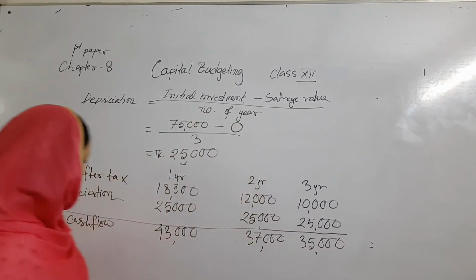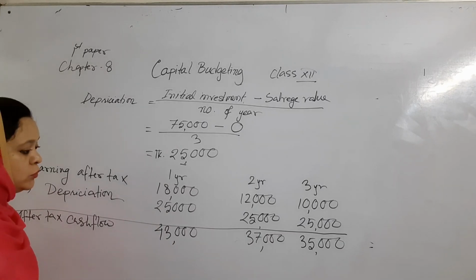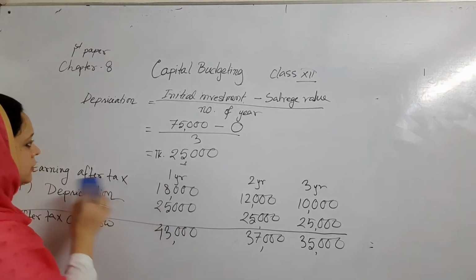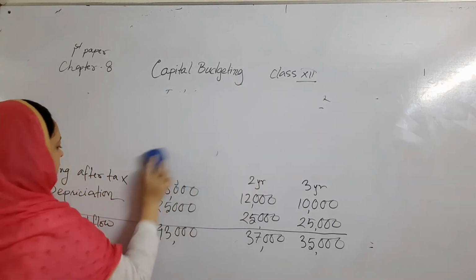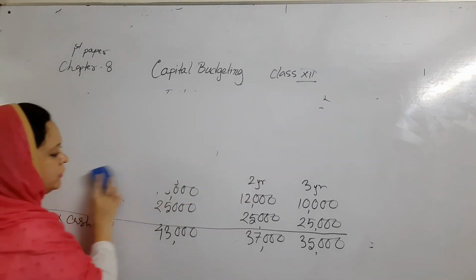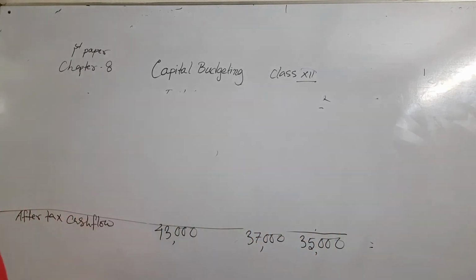All these are the after-tax cash flows of project A of Sara Company. All these we have to cumulate now. That's why I didn't remove this information.